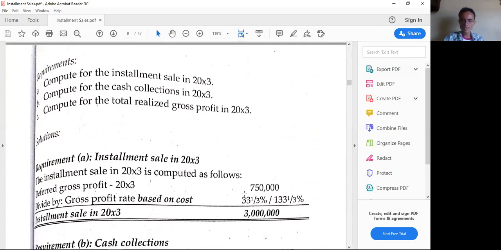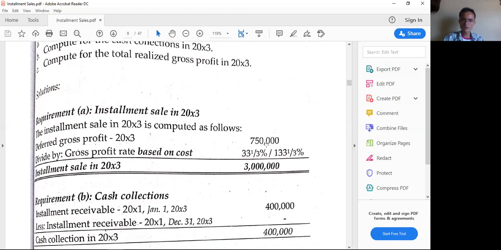All we have to do is 33 and 1/3 over 133 and 1/3 with percent or without percent. What's the reason? Because the percentage on the numerator and in the denominator could be eliminated based on mathematics. So that's why I said it could be with or without percentages.